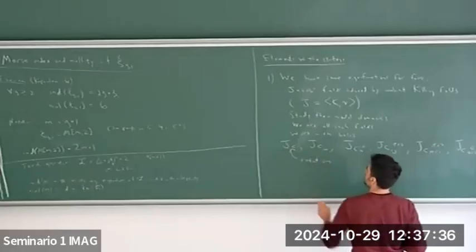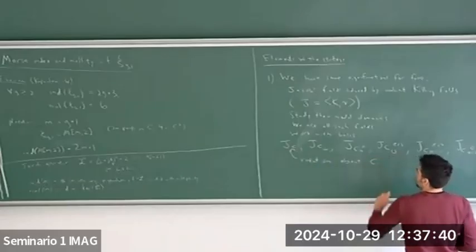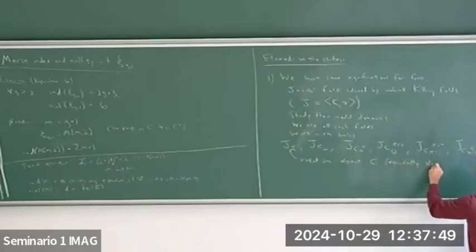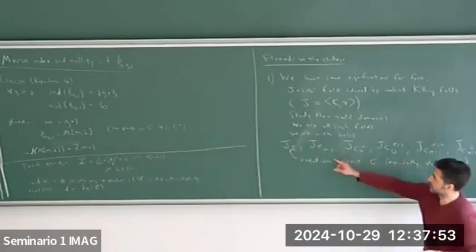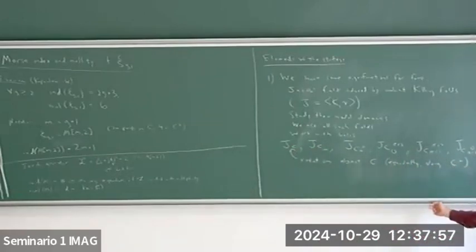Yeah, so the notation is such that this is rotation. So look at this one. This is rotation about C. So I fix C, or equivalently, along C. And similarly for all of them, so I've used this notation throughout, C and C perp.